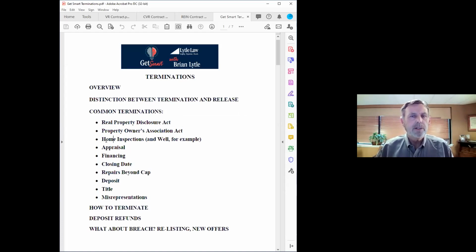Some of the others are a little more complicated, of course, and they're not arising out of Virginia law. They're arising out of the language of the contract. So these first two that I've listed, that's by statute. It's also in the contract, but it doesn't really matter whether it's there. These others, they're arising because language in the contract gives a party the right to terminate.